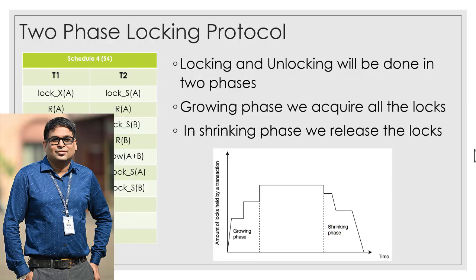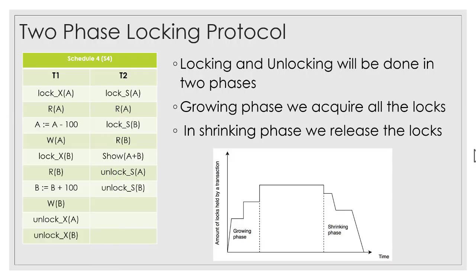Now, as you remember, in case of shared and exclusive locking, the problem was the immediate unlocking of the data items. Two-phase locking does not allow that. In two-phase locking, locking and unlocking will be done in two phases.